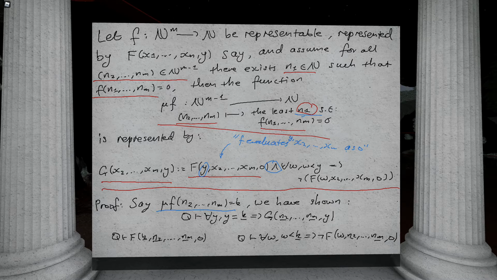And in such a circumstance, Q can prove that for all y, if y is equal to k underline, then that implies g of n2 underline up to nm underline comma y. So recall, in order for a function to be representable, we need this statement to be provable, but we also need the reverse implication, which I've just drawn in purple there. I'll get rid of that now. And so that other implication is what we have to show today.